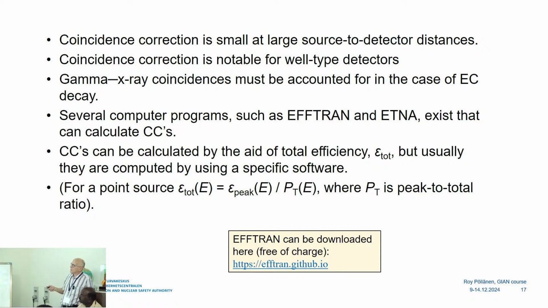Corrections can be calculated with the aid of total efficiency, but usually they are computed using specific software. In the case of a point source, this is the total efficiency.